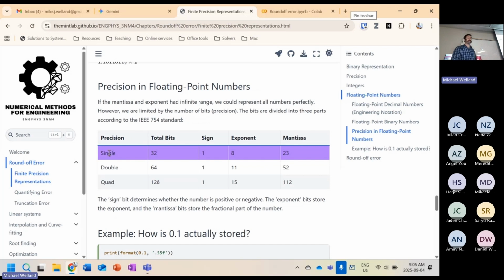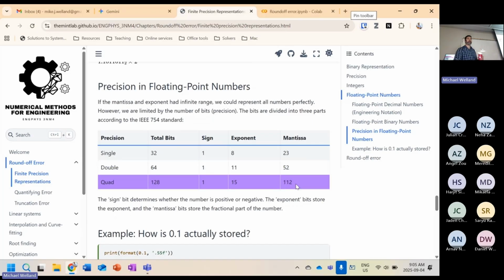For the single precision variables, we have a total of 32 bits. We now have a sign bit, because engineering notation can't go negative, so you need a negative sign out in front to denote the sign. You have 8 to represent the exponent, and these are all binary numbers, right? And then you have 23 in the mantissa. Similarly for double precision and quad precision.